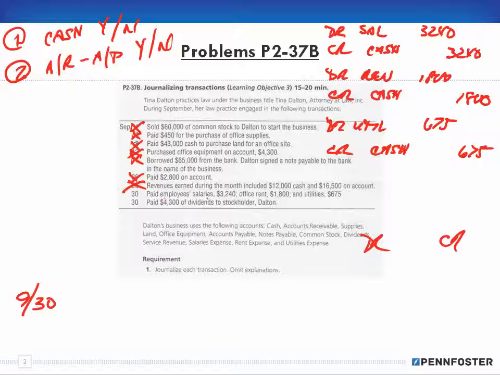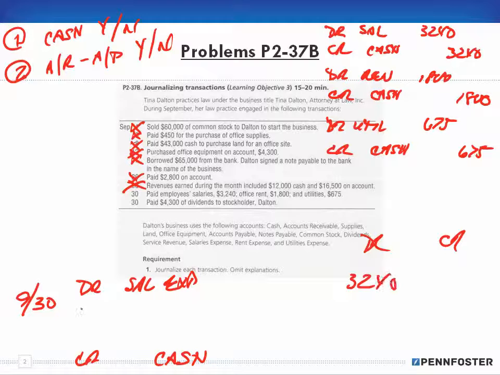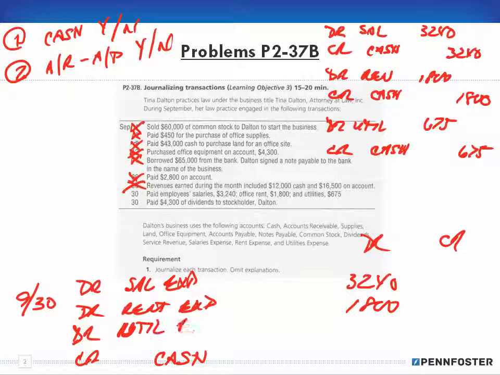Okay, so with that said, if I'm trying to combine in my mind, okay, I know I'm paying cash, and if I know that I'm going to credit my cash for some amount, then let me go back and work on my debits. So I'm debiting the salaries expense for $32.40. I'm debiting rent expense for $1,800, and I'm debiting utility expense for $675.